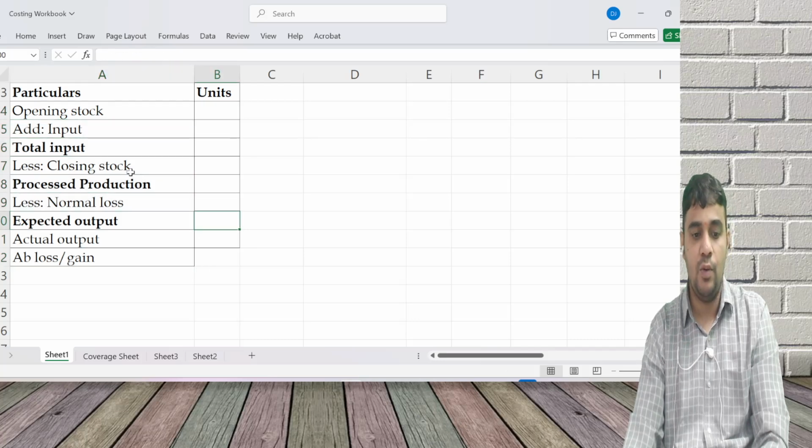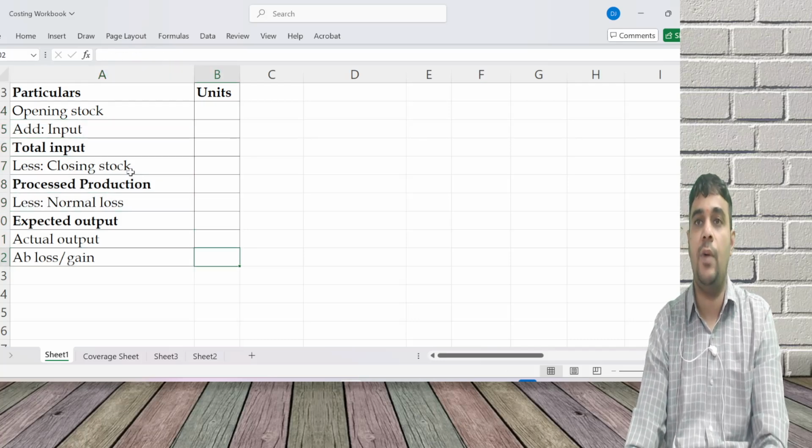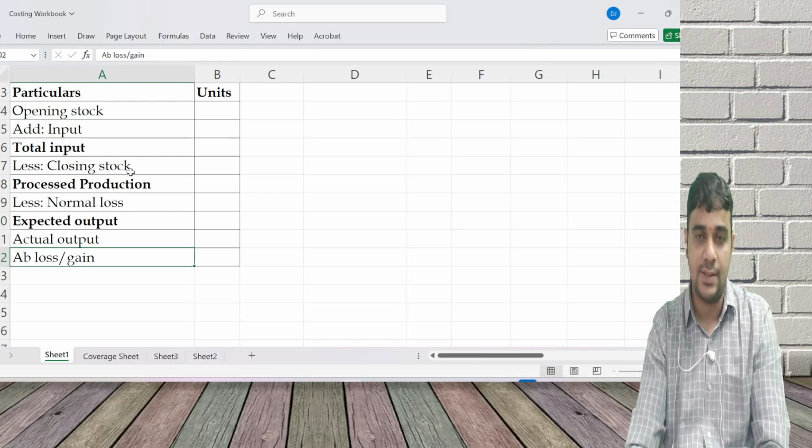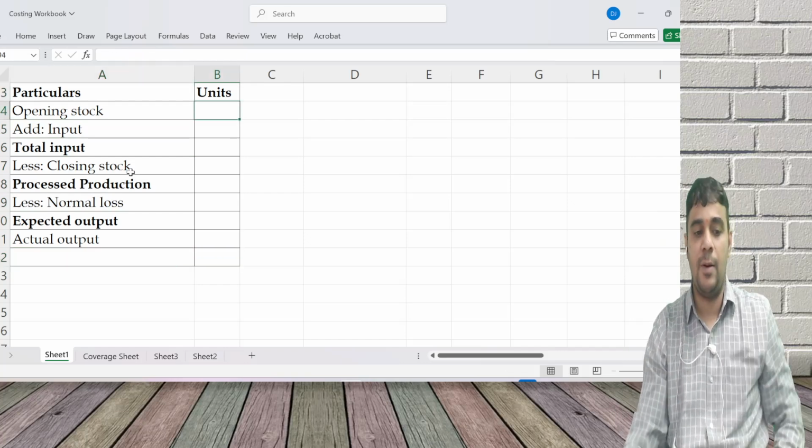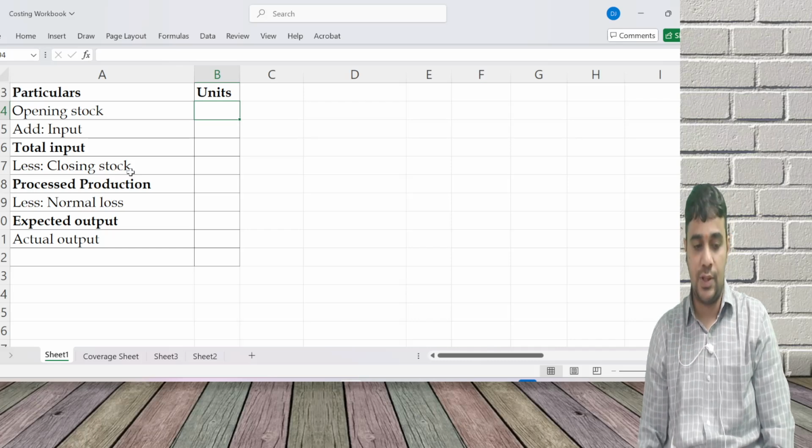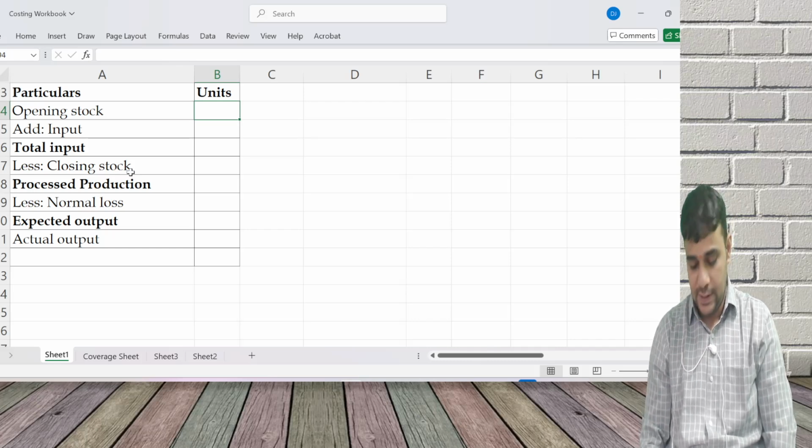Last line item now will either be abnormal loss or gain, only one. You need not write slash and all. Last item will come in a minute. First write the format: opening stock, add input, total input, less closing stock, process production, normal loss, expected, actual.